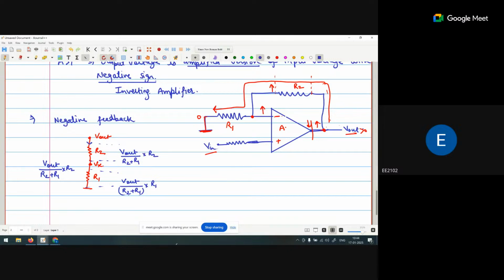Now, I assume that it is a negative feedback. That means no current will be going in this direction. No current will be passing from the operational amplifier. All the current will be passing from the outside of the operational amplifier. So if no current is passing from that one, that means this particular voltage V in will appear at this point also. Can you tell me why?